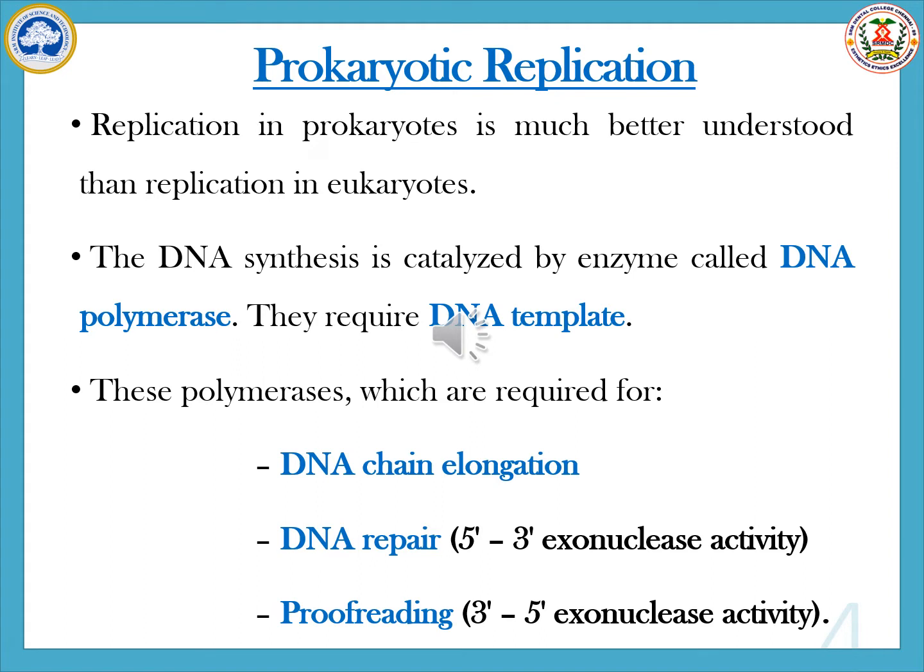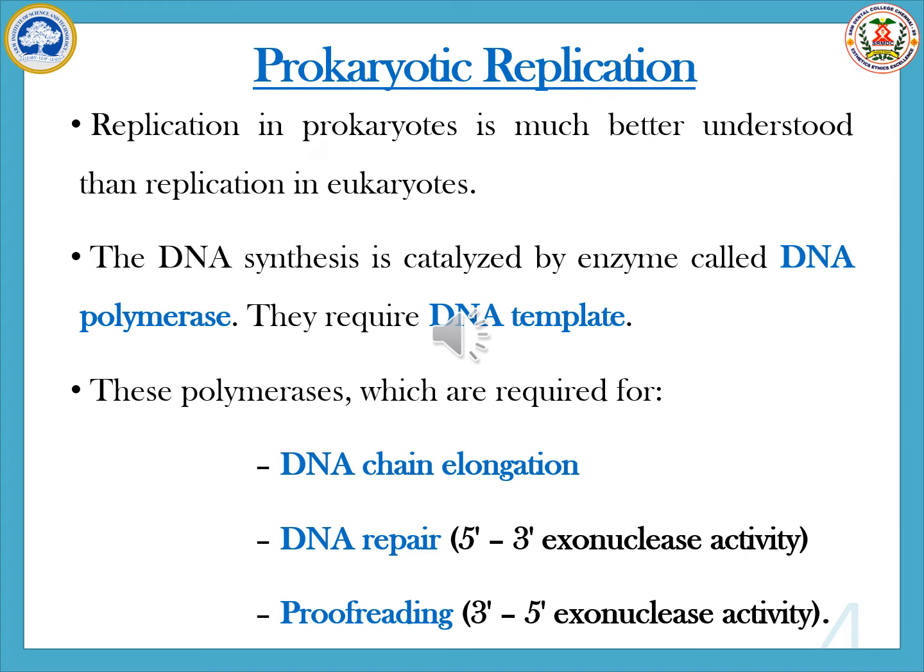I already told you, a semi-conservative mechanism means it uses one of the two parent strands as a template to synthesize the new daughter strand, so that the daughter DNA molecules will be formed.